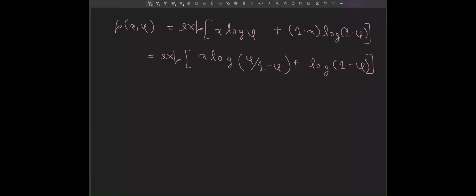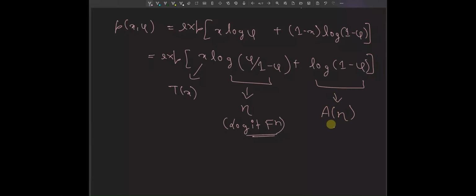Now look, this is already in the exponential family form. How? Look at this. We can say that log (phi upon 1 minus phi) is eta, which is the natural parameter, log odds, or you can also say that this is your logit function. This is your T(x), and this whole thing is your A(eta), or we can write it as A(eta) equals minus log (1 minus phi), which is equal to log (1 plus e raised to power eta).